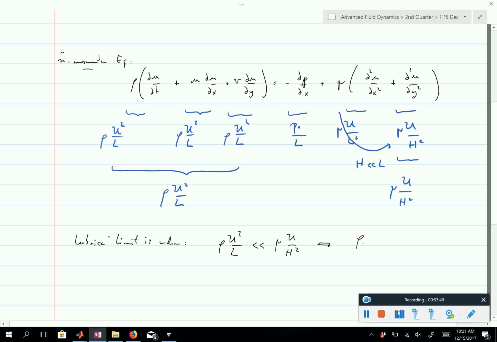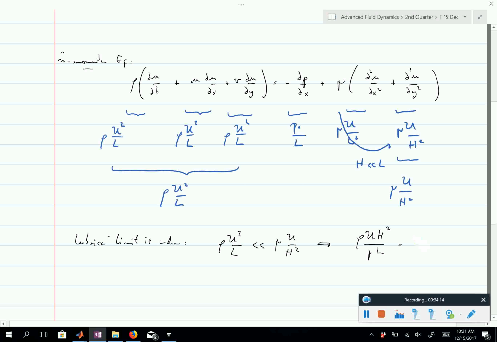It's going to be rho u times h squared divided by mu L. So another way of writing that, I will write here. Yeah, so it's the Reynolds number.